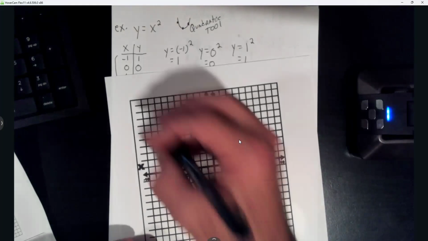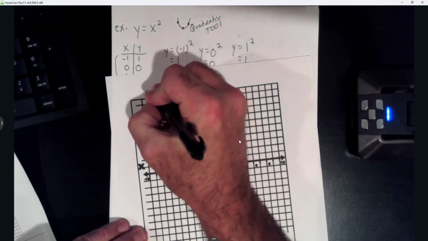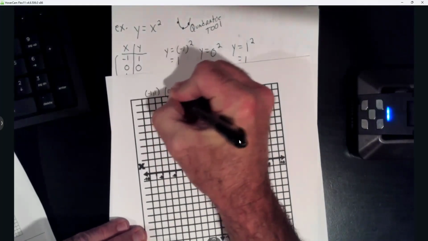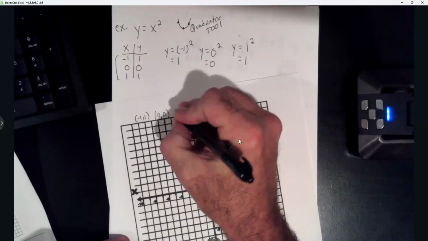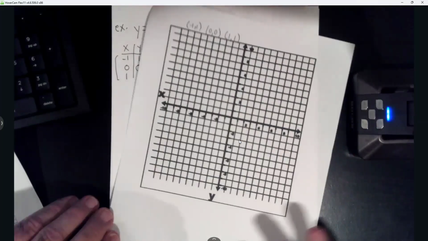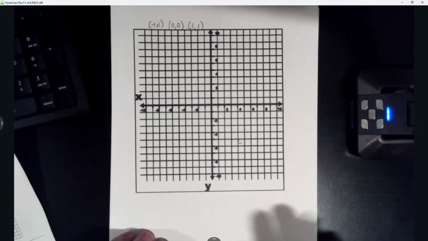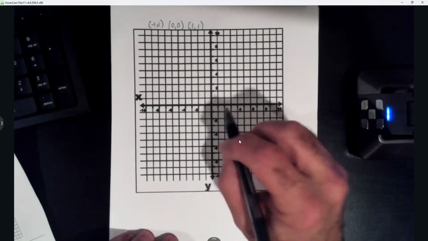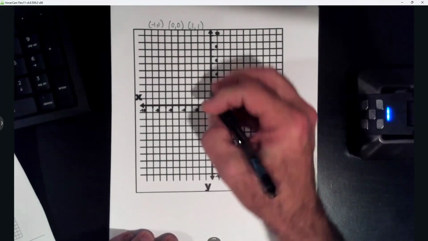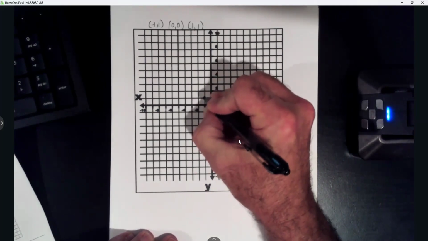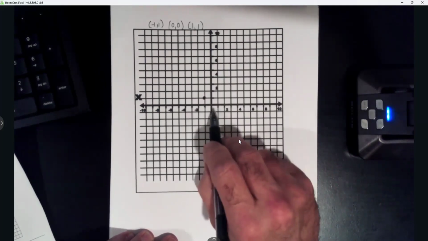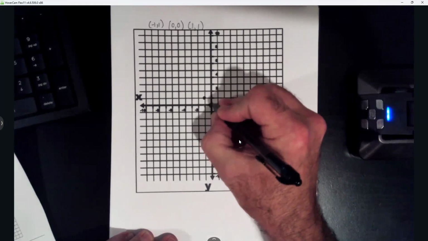All right, so by hand, if you was doing that one by hand, let me get my points here. -1, 1. I had 0, 0. And I had 1, 1. All right, also by hand, -1, 1. We'll go left to -1, up 1. 0, 0's right here in the origin.